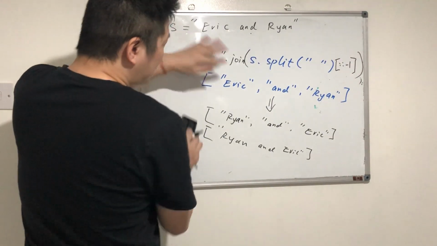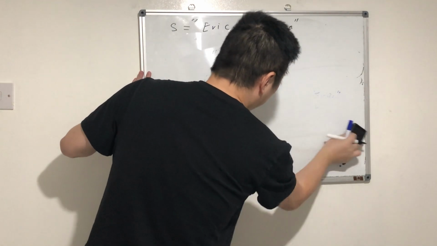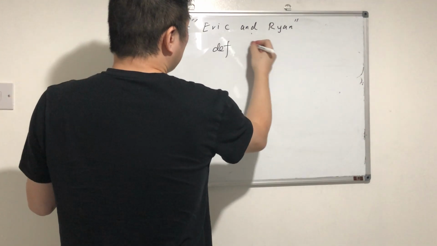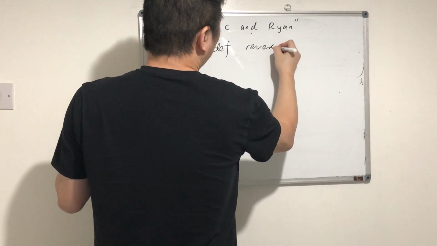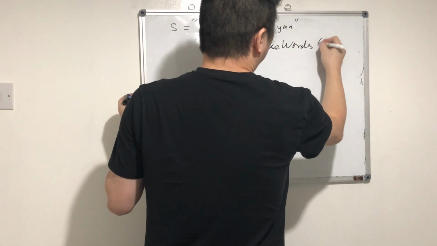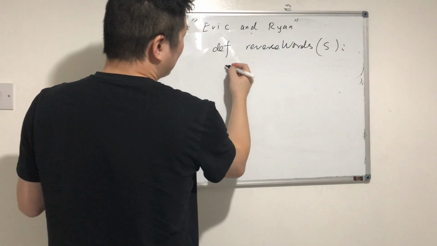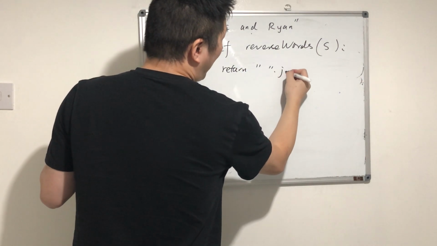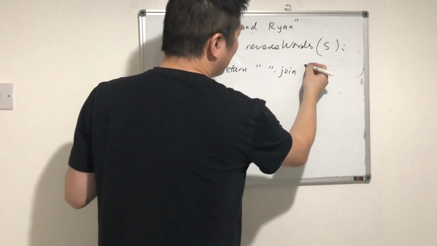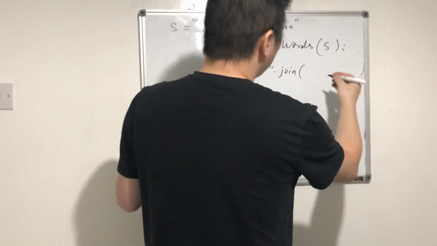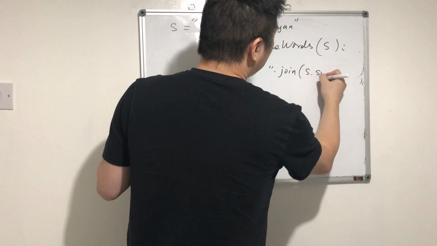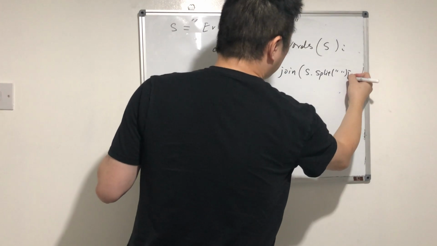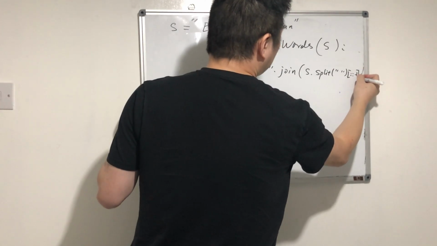So in a single function, define reverse_words(S): return space dot join, remember what we talked about join, S.split by space, then [::-1].